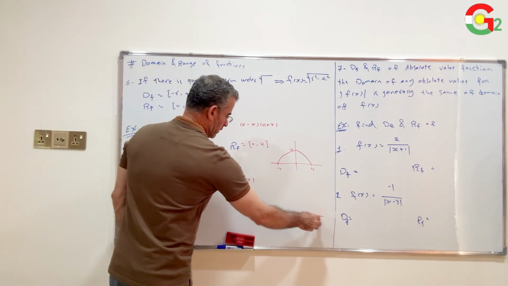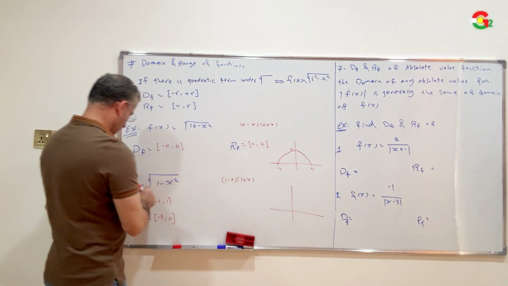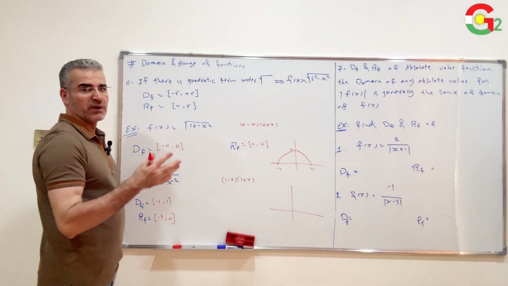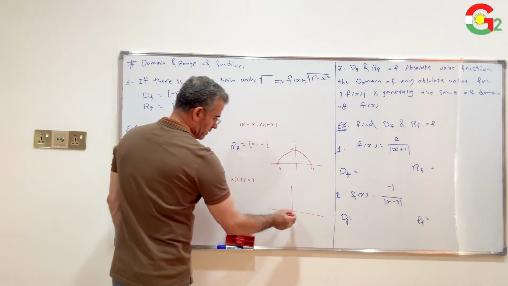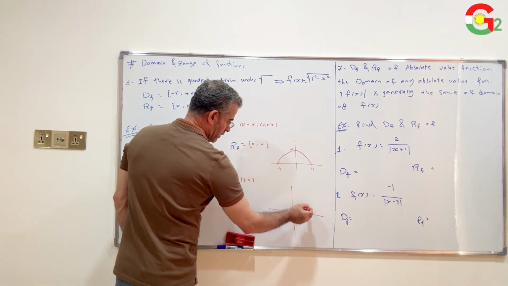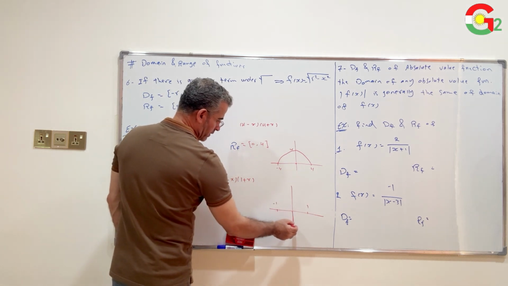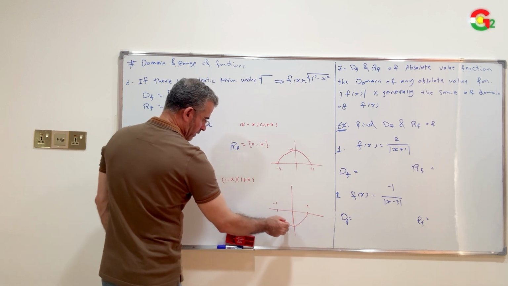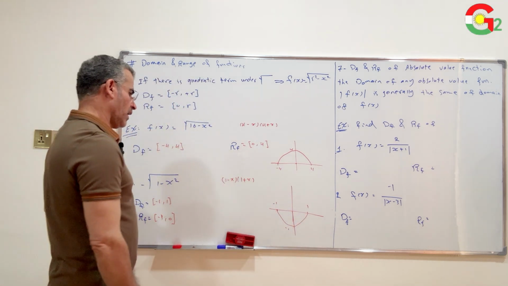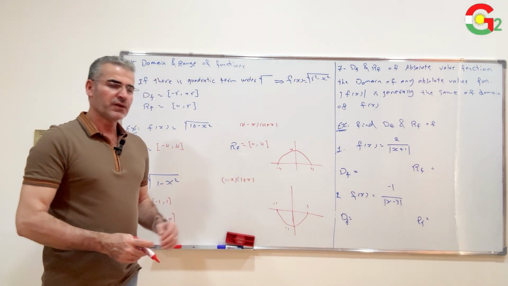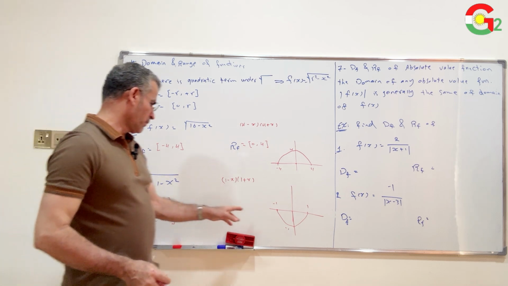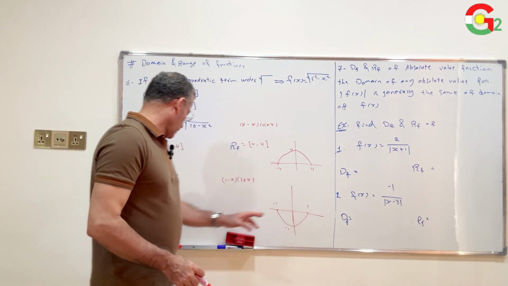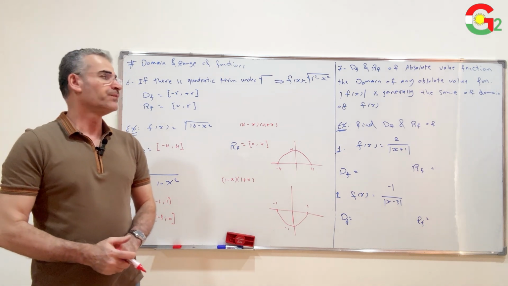Then the graph, since the root is preceded by negative, we have a reflection about the x-axis. This is 1, this is negative 1, and the graph will be a half circle under the x-axis, the domain from negative 1 to 1 and the range from negative 1 to 0.